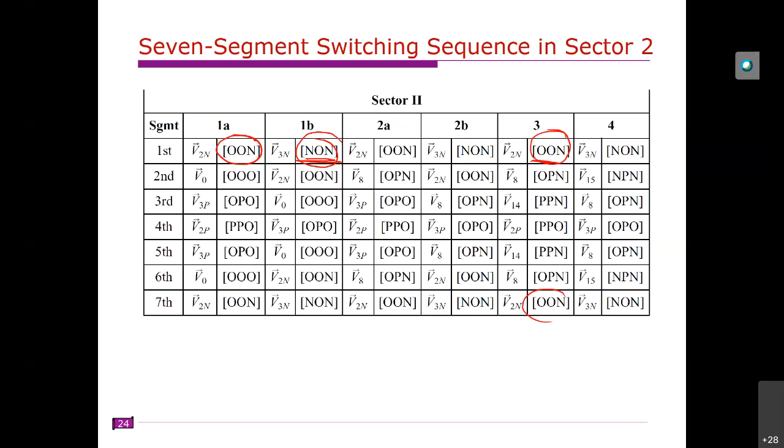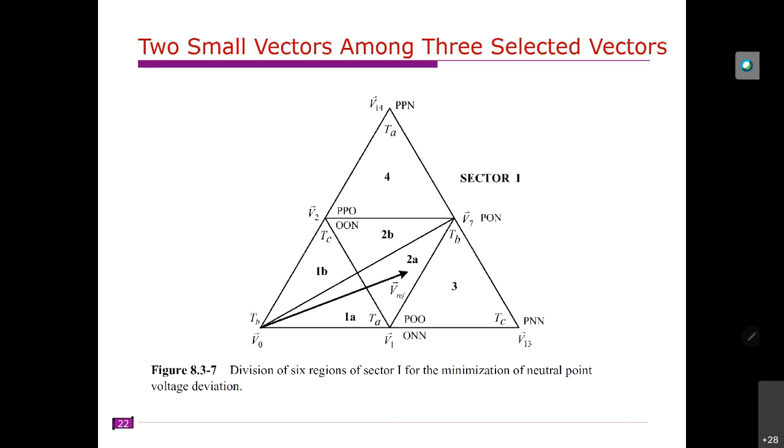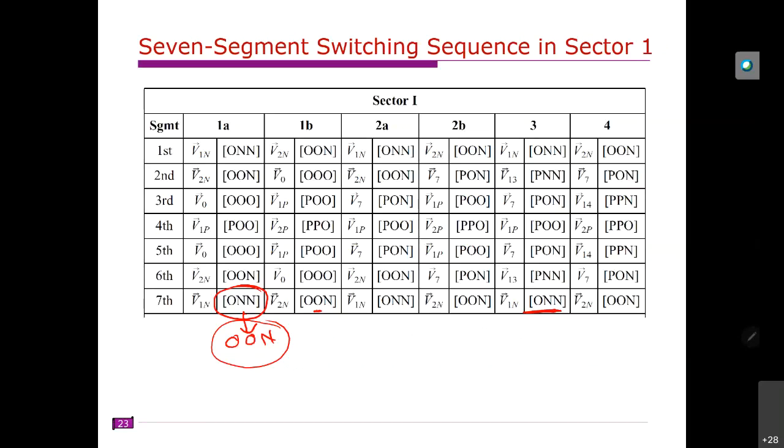And when it is changing from 1A to 1B, obviously if this is the reference vector, this vector will move like this, right? Let us see what will happen. 1A ended here at 0 and n, so 1B started like this, 0 0 n.